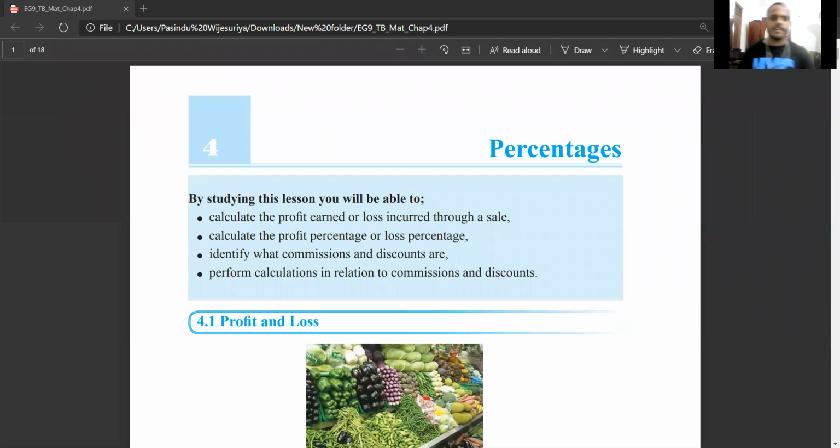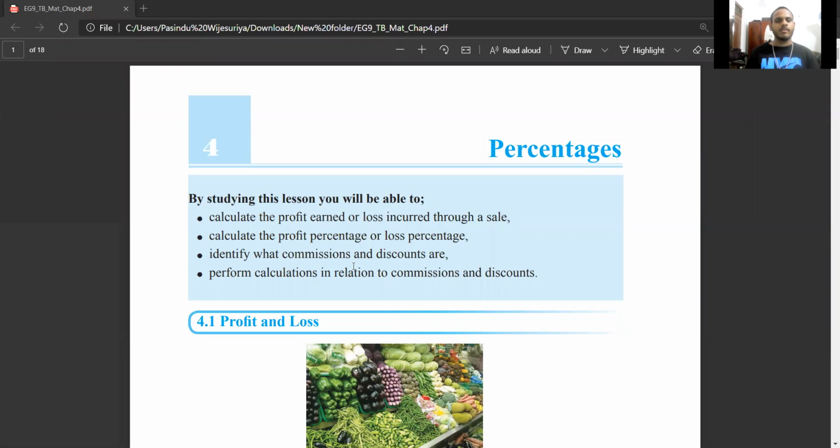So we will be directly moving on. Yes. So today's chapter is percentages.